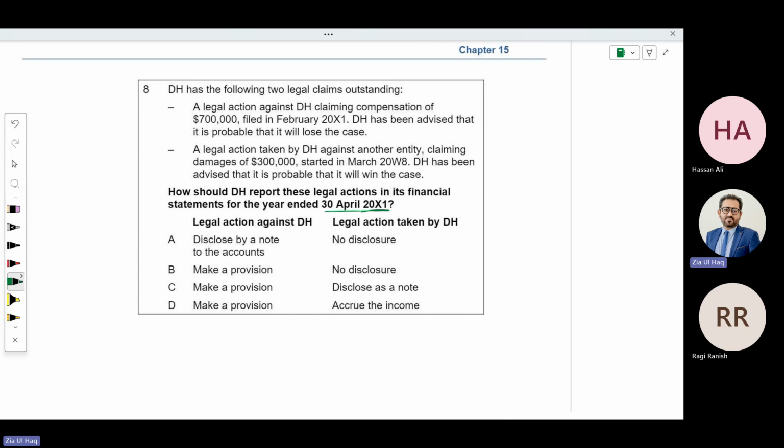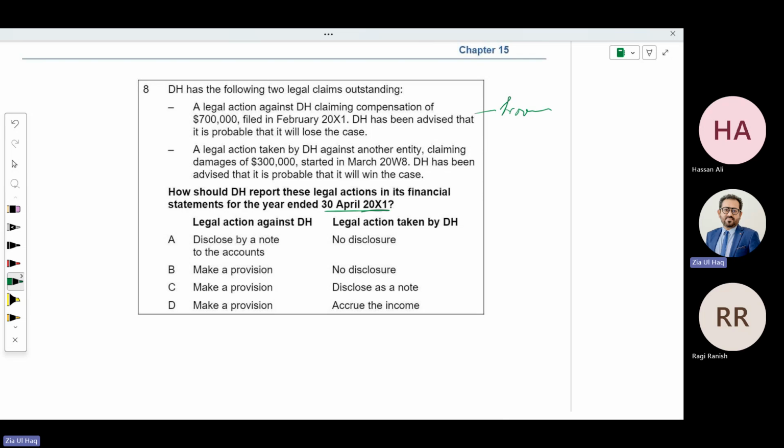A legal action against DH claiming compensation of 700,000 filed in February 20X1, before year end. DH has been advised that it is probable that it will lose the case, meaning they need to make the payment. So this is a provision.